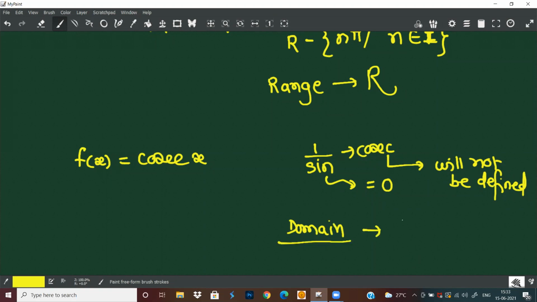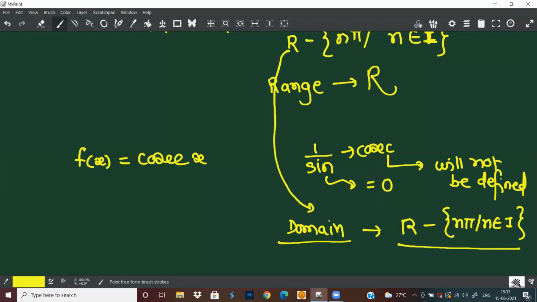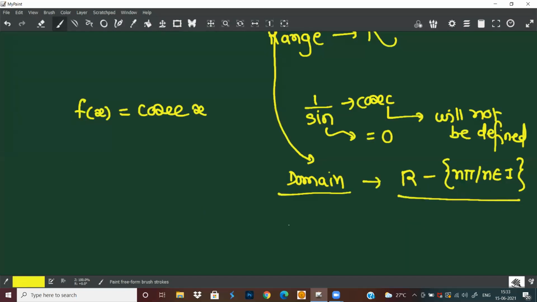So my domain will be every real number except integral multiple of pi. कोक को सेम, मैंने बोला ना cot and cosec, cos अलग है. रेंज क्या होगा? रेंज इधर ऐसा रहता है, f of x ऐसा, और f of x is less than or equal to -1.